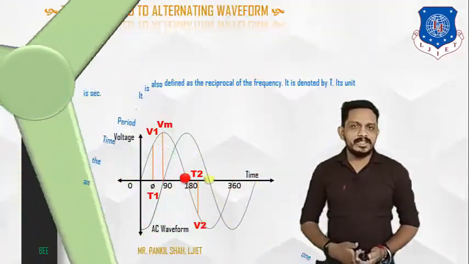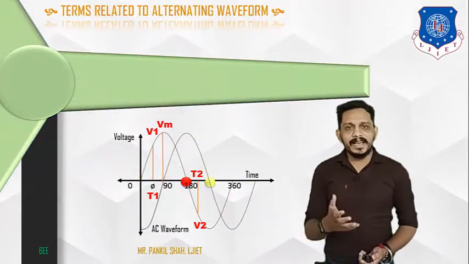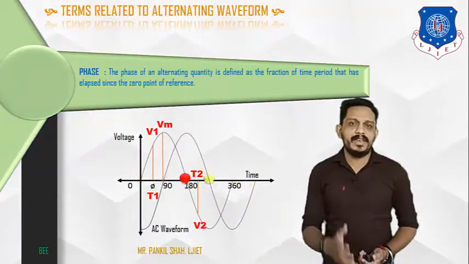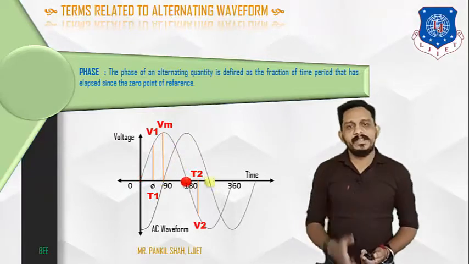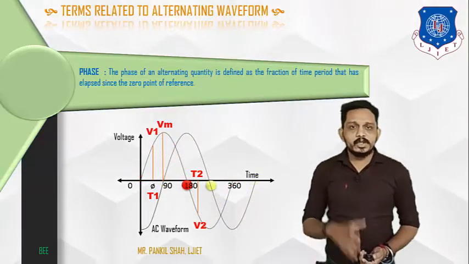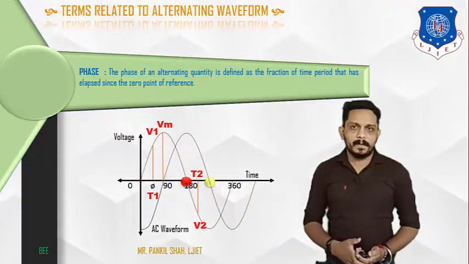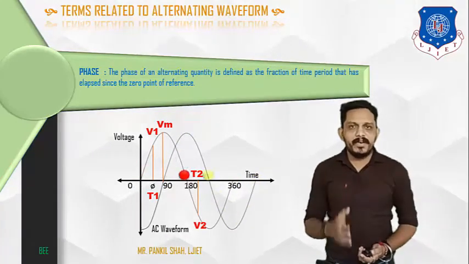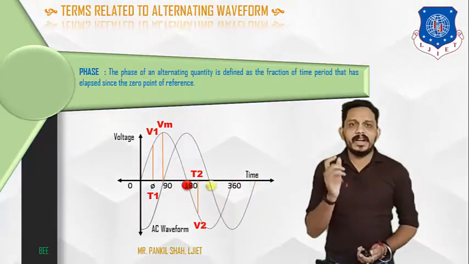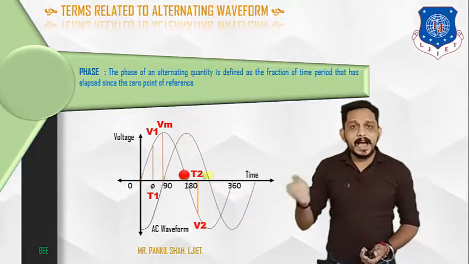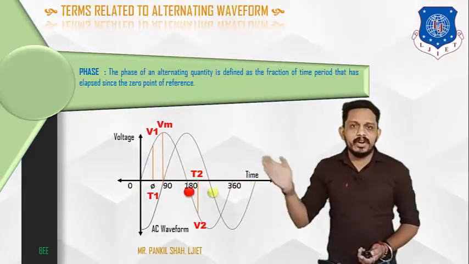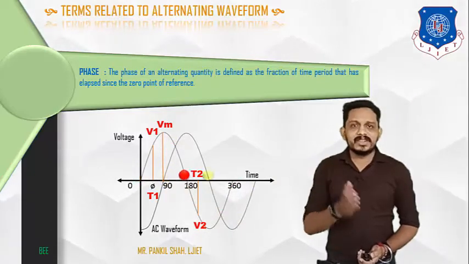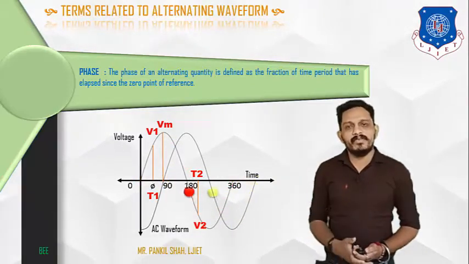Now let's move towards the next definition, and the next important definition is phase. What do you mean by phase? The phase of an alternating quantity is defined as the fraction of the time period that has elapsed since the quantity last passed through the 0 point of reference.